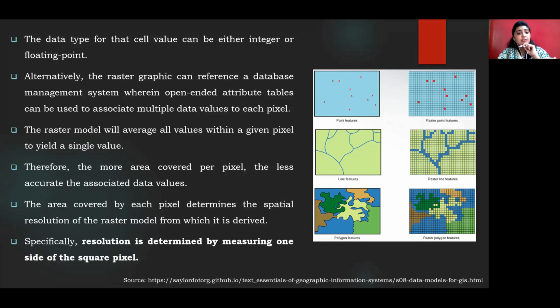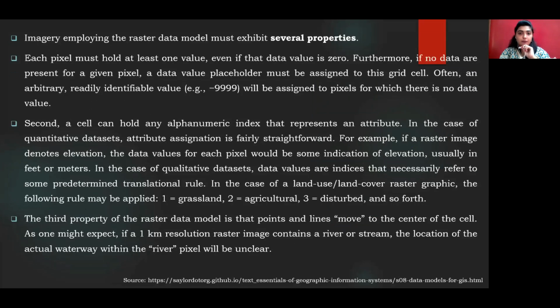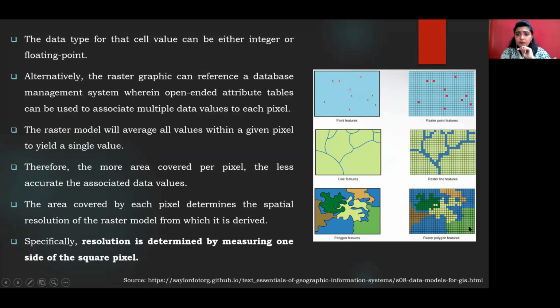The area covered by each pixel determines the spatial resolution of a raster model from which it is derived. Hence, the resolution is determined by measuring one side of the square pixel. Okay, you can see the pixels over here, correct?